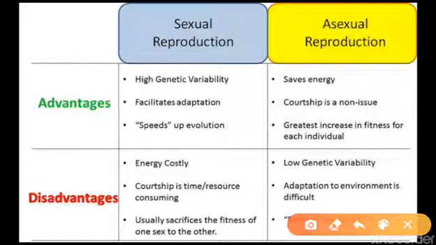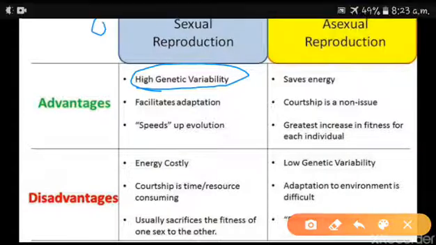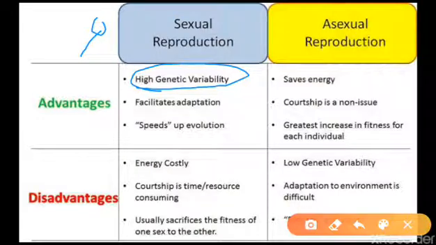advantages of sexual reproduction. High genetic variability. That means there will be high genetic variability. How is this happening? Because the male is giving 50% of their DNA and the female is giving 50% of their DNA, so the recombination of this makes high genetic variability.